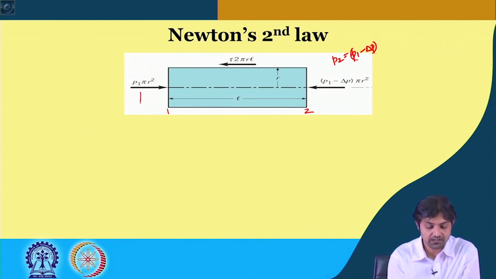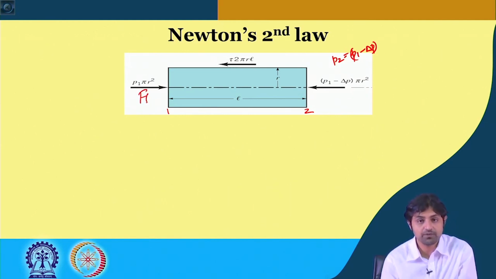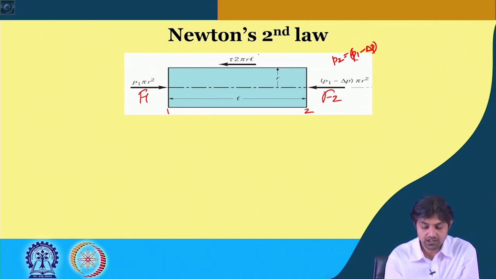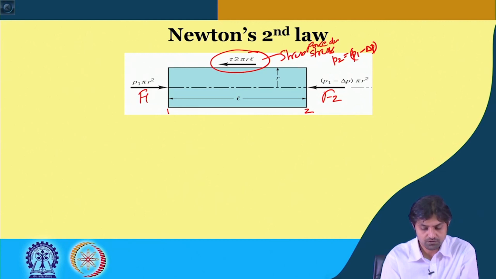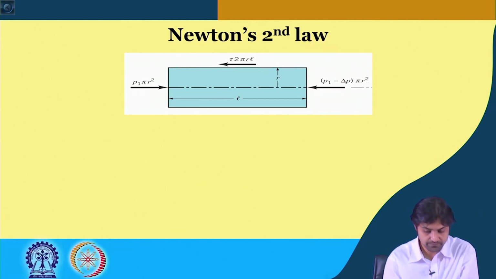The force F1 will be pressure P1 into area. Similarly, another force F2 will be acting here, P2 into area, and this is the force due to shear stress.